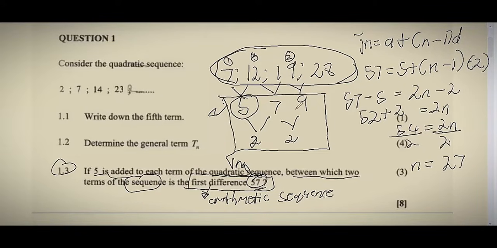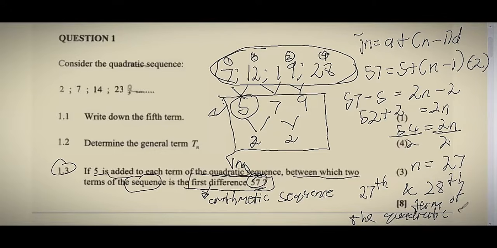If I locate the third term of the arithmetic sequence or the first differences, that would be located between the third and the fourth term, which means this term here, term number 27 of the arithmetic sequence or of the first differences, is actually located between the 27th and the 28th term of the quadratic sequence, right?